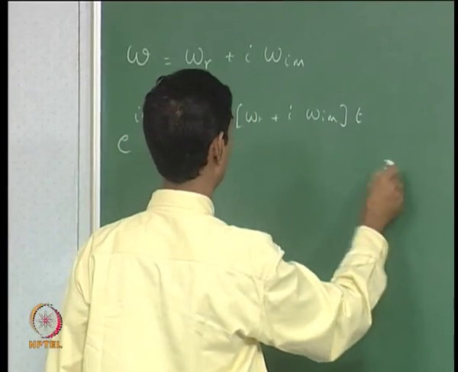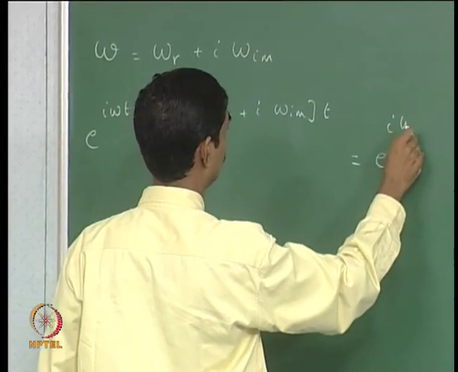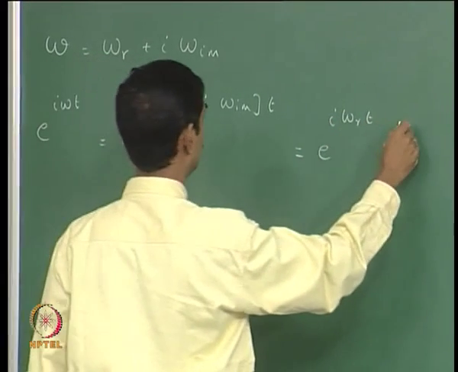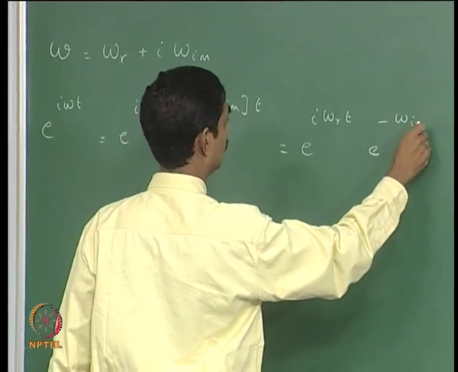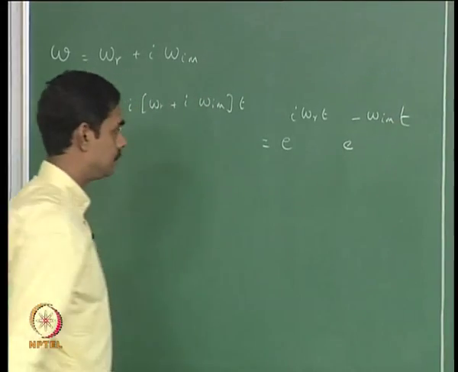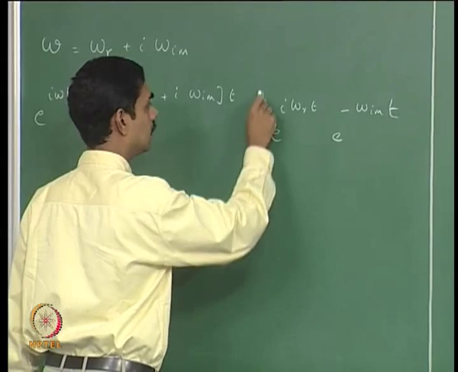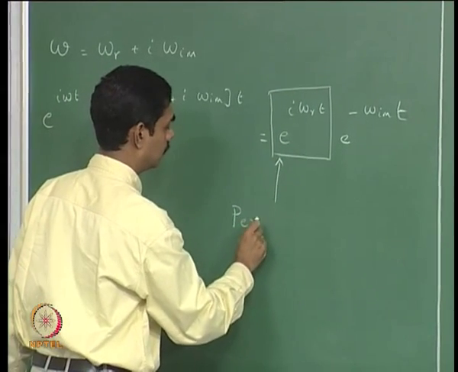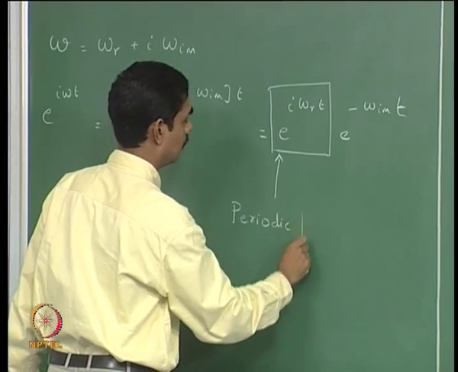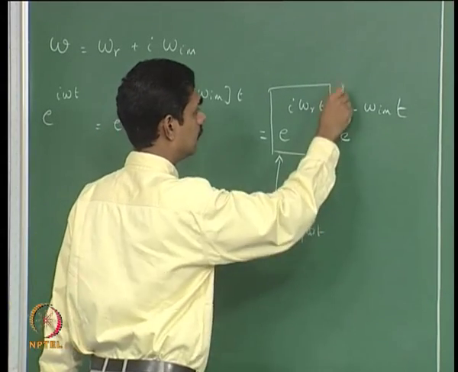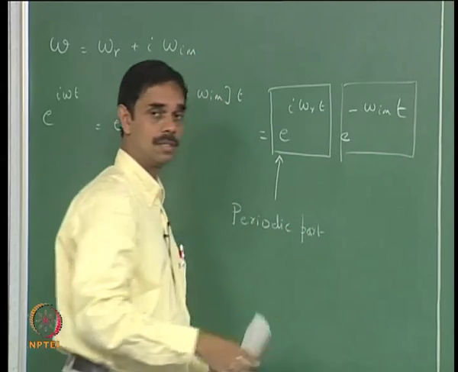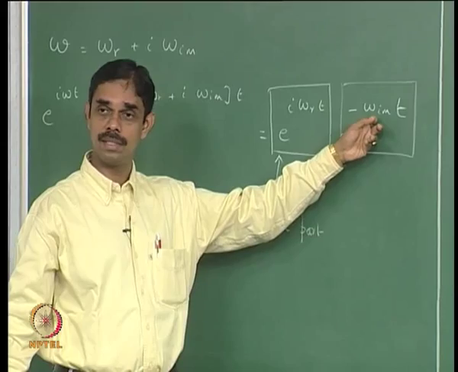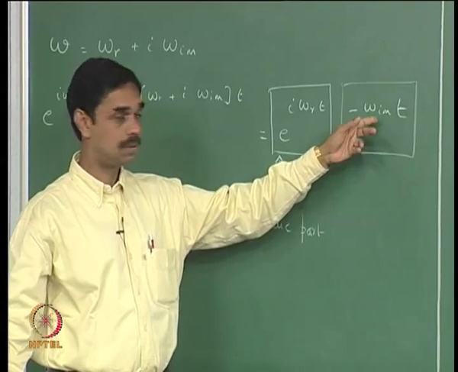If you multiply out, we will get e to the power i omega real t times e to the power i times i, which is minus 1, so e to the power minus omega imaginary t. So this is the periodic part, and this is the exponential growth or decay. If omega imaginary is positive, you have exponential decay. If omega imaginary is negative, you will have exponential growth.